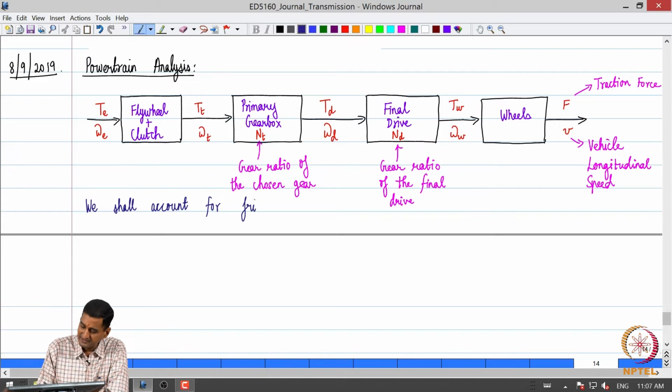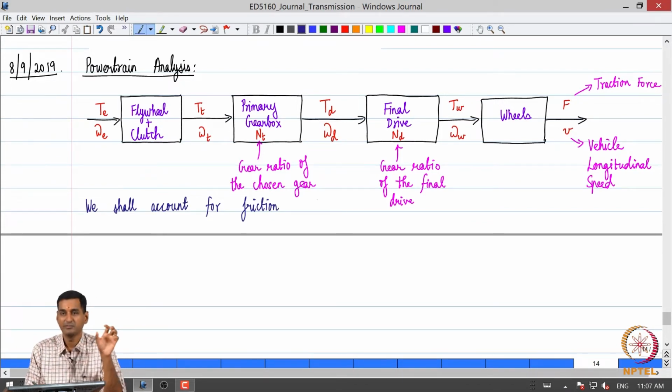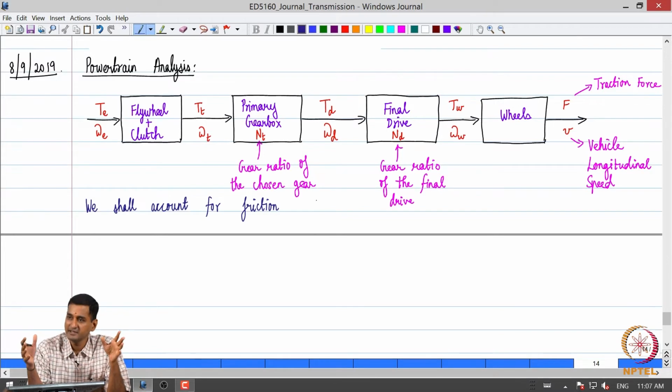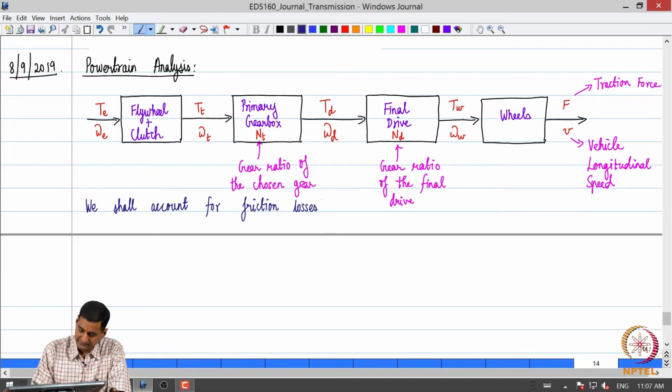So we will not deal with the friction loss at each and every component, but we will account for friction losses in the entire powertrain as a transmission efficiency at the end. So that is something which we will look at later.